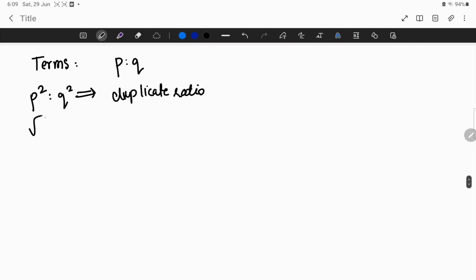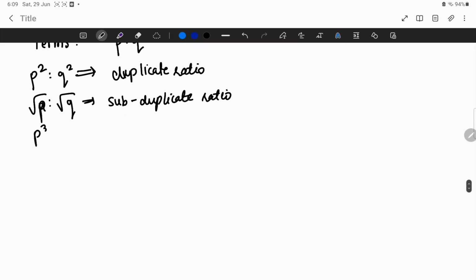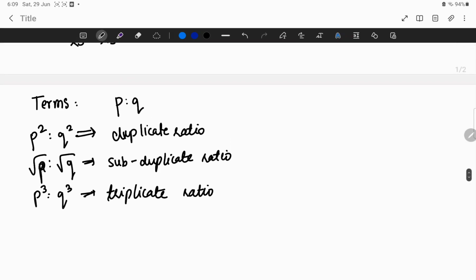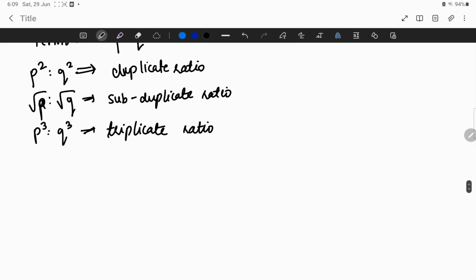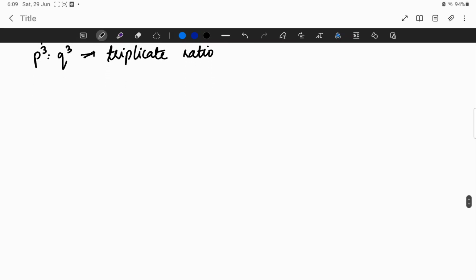Your root p is to root q is called the subduplicate ratio, and your p cube is to q cube is a triplicate ratio. However, these aren't very important terminologies because I don't think they will actually ask questions which involve the words duplicate and triplicate, but again you can just remember these.